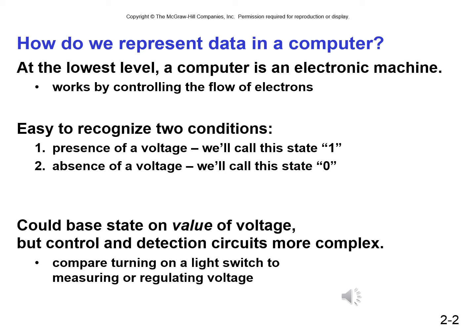This works by controlling the flow of electrons. And there are two conditions at the smallest level of detail in a computer: the presence of a voltage, which we call state 1, or the absence of a voltage, which we call state 0. Now you've all seen this in everyday life.